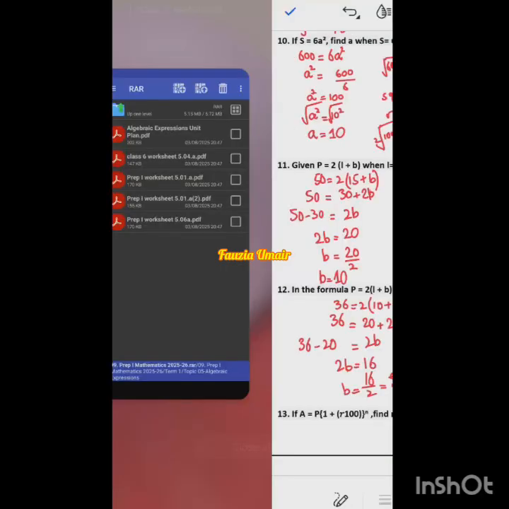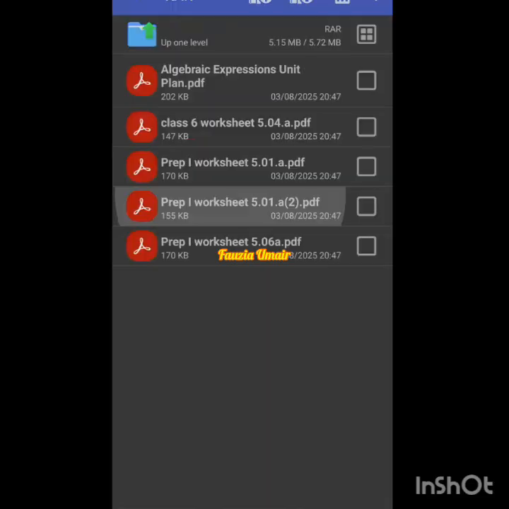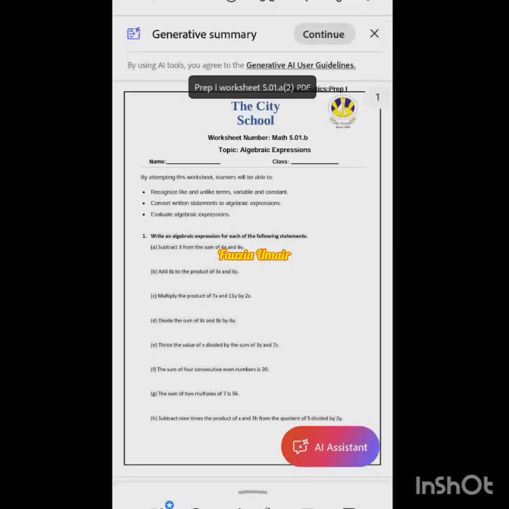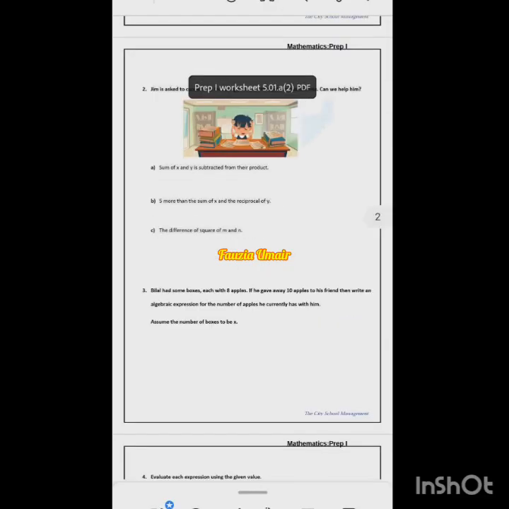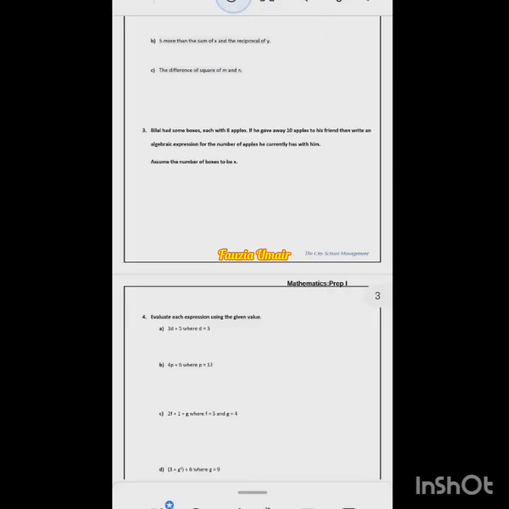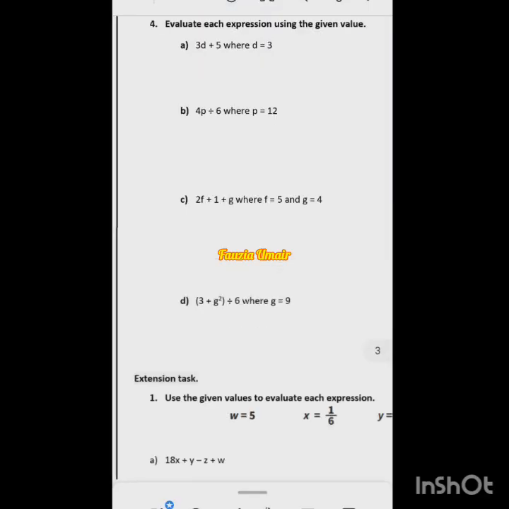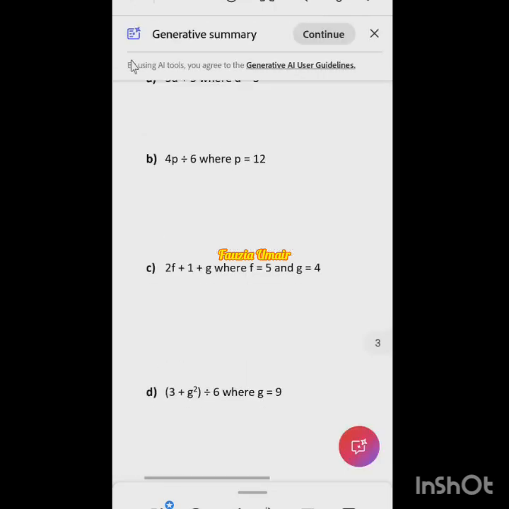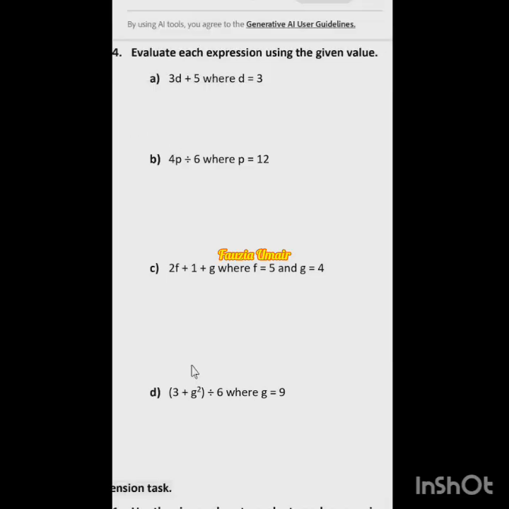So now let's get back to the second worksheet and see how many questions of evaluation are there. And this we have done, right? This one. So evaluate means to solve, right?